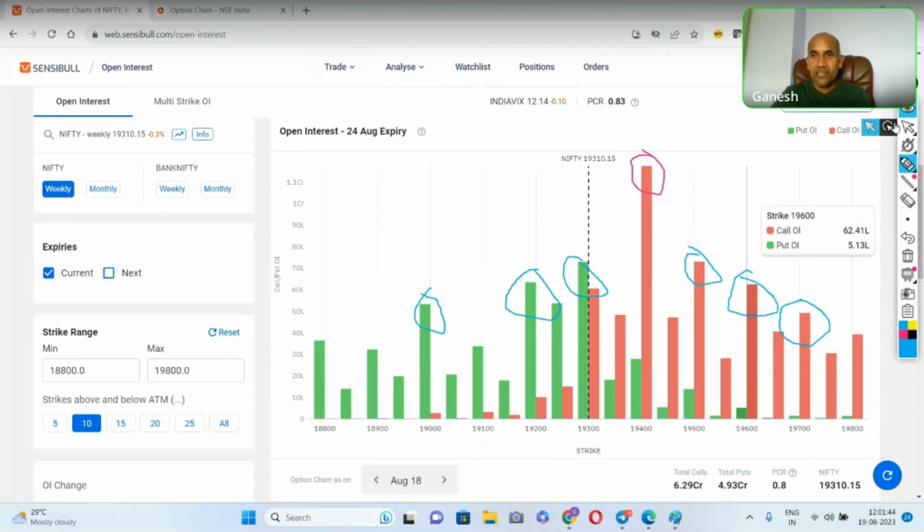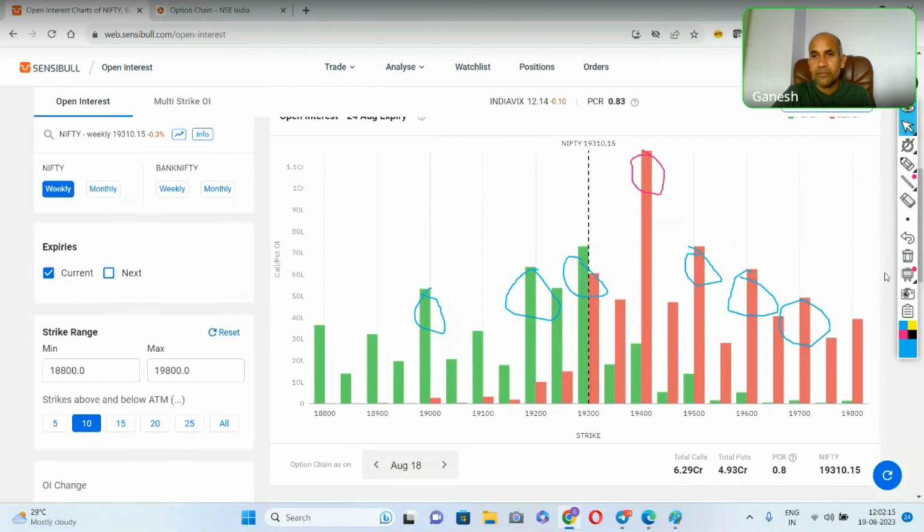Red is calls. Calls means the number of calls sold at 19,400. We realized this before, right? Number of calls sold means the market is bearish. More calls sold, fewer puts sold, which means bearish. To confirm this, let's see what has happened.